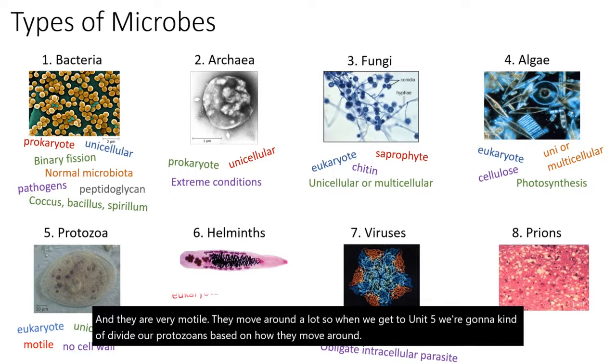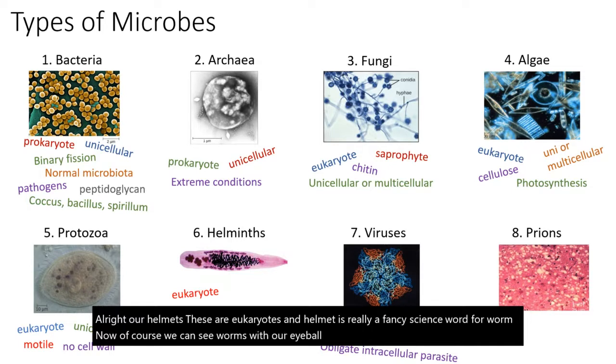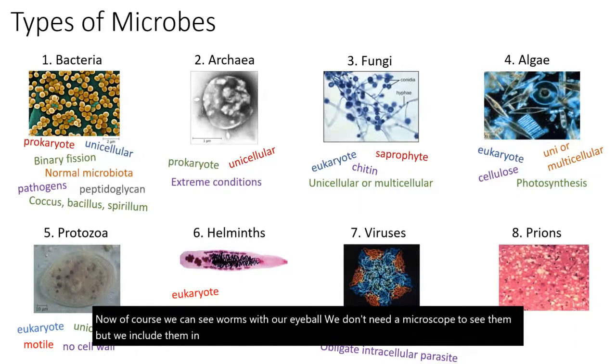All right, our helminths. These are eukaryotes, and helminth is really a fancy science word for worm. Now, of course, we can see worms with our eyeball. We don't need a microscope to see them, but we include them in this course because part of their life cycle is microscopic.